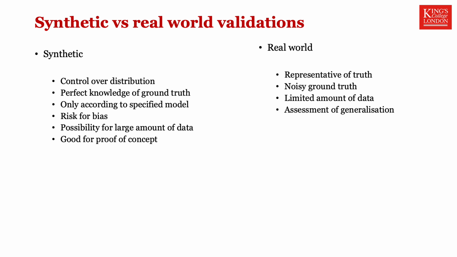So it's usually very good as a proof of concept, because then you can really assess what's happening, as if it was in vitro testing. You can follow every single parameter.